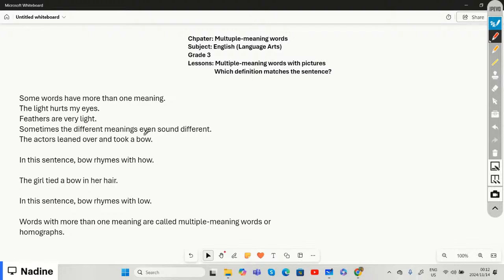So we said that we have an example, and the example says, the light hurts my eyes. So there we have the first word light.